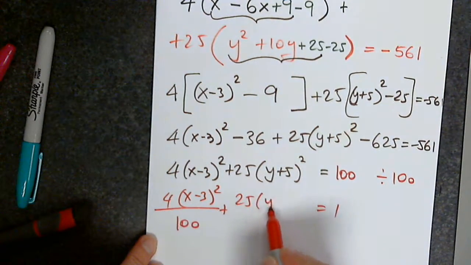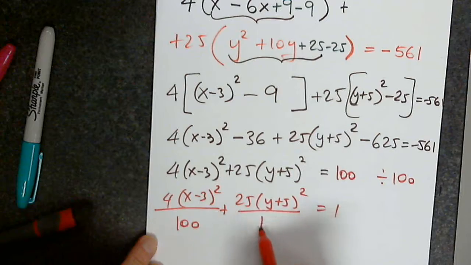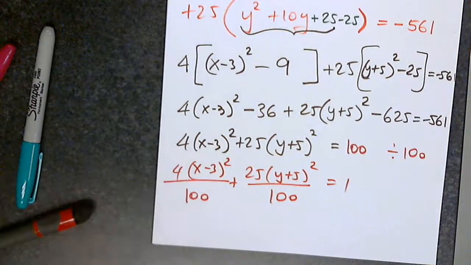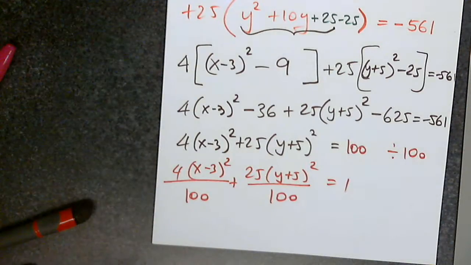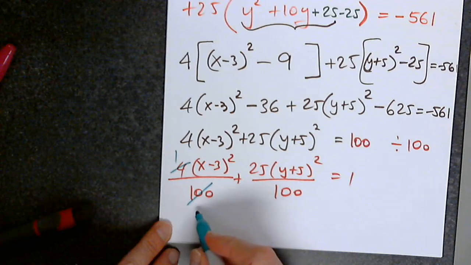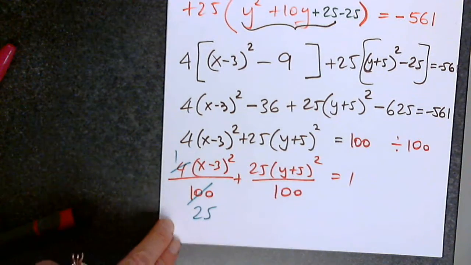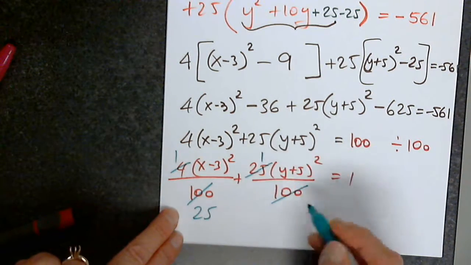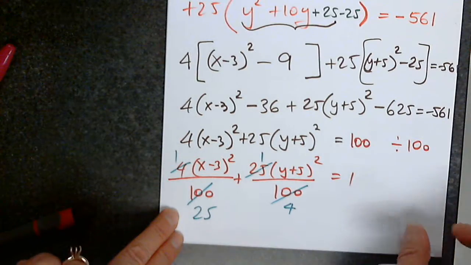Write it like this first for everyone to see, and then let's simplify. Now I simplify 4 and 100, and I simplify 25 with 100 and I get 4.